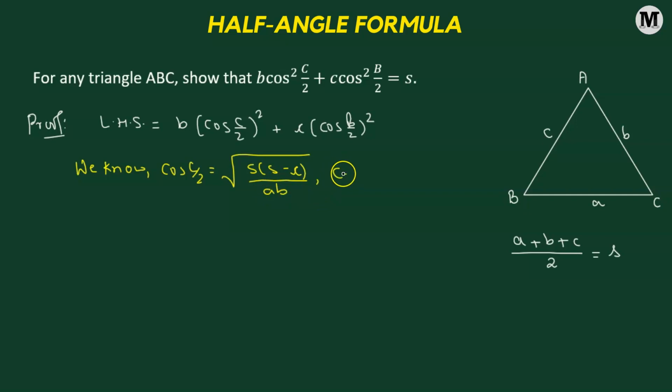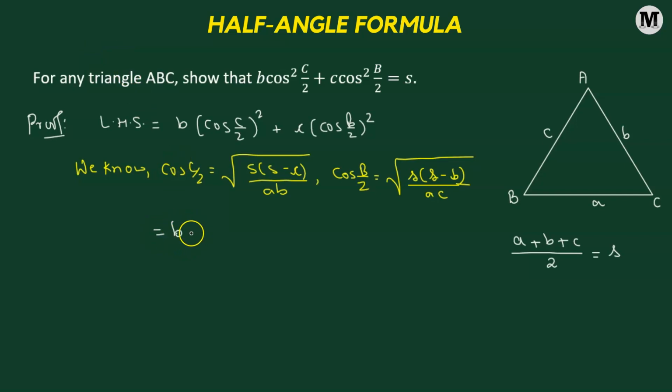Then cosine of B over 2 is given by the square root of s multiplied by s minus the side opposite to angle B, so that's b, divided by the product of the sides adjacent to angle B, that's going to be a and c. Fine.